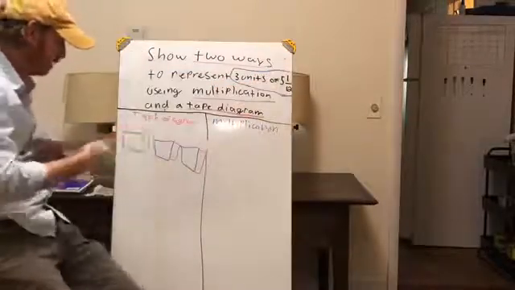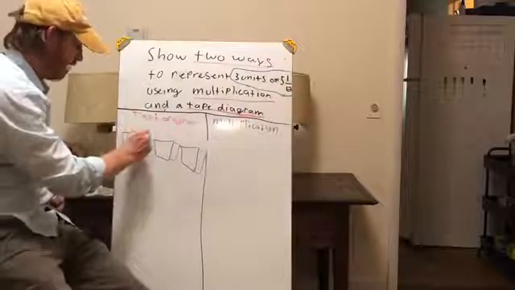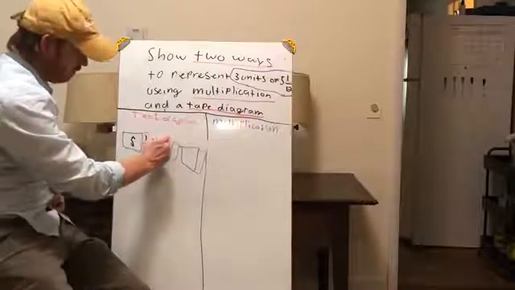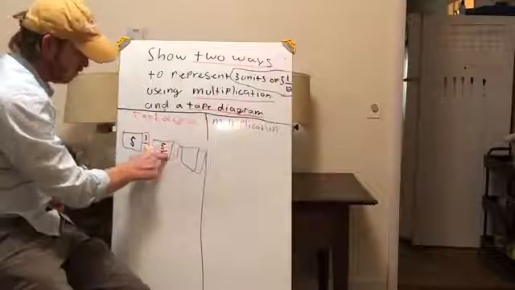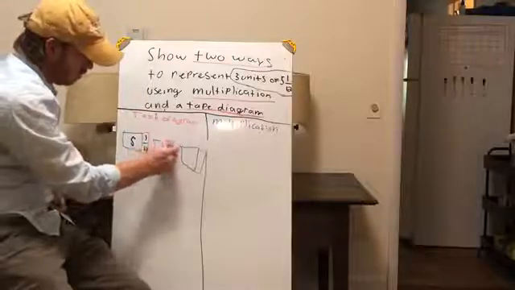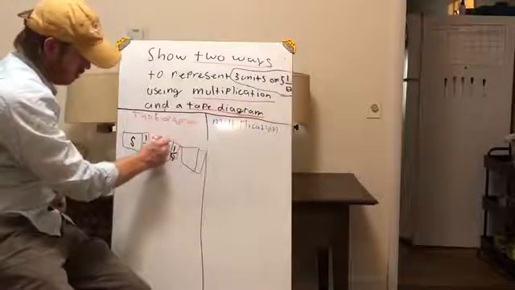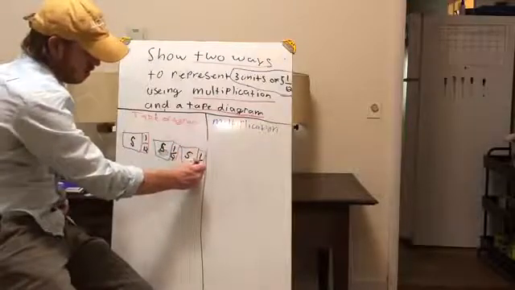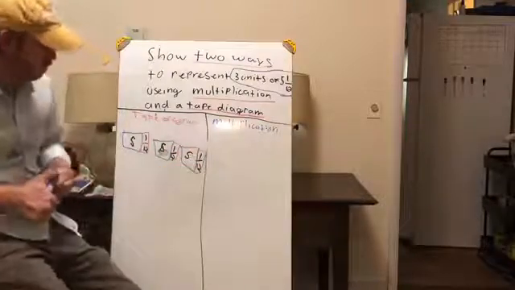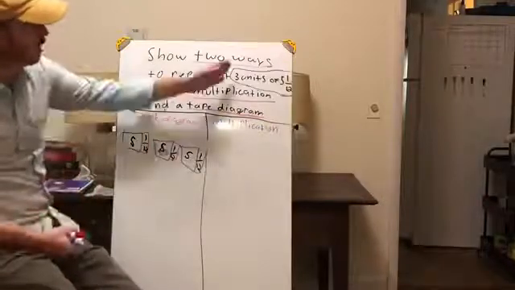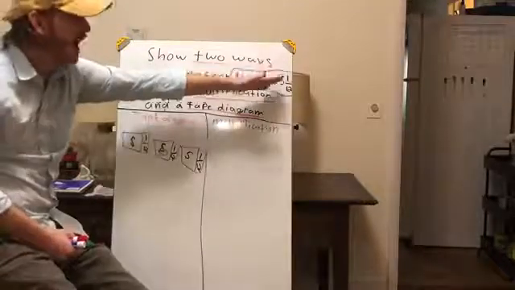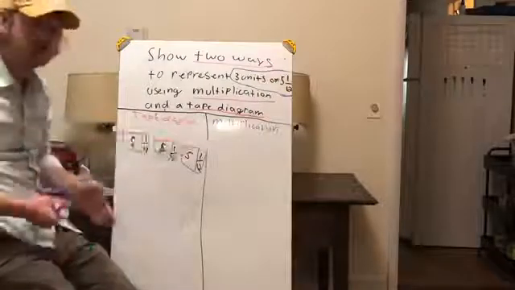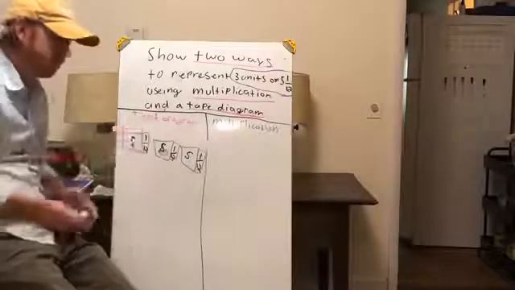So here's 1 unit of 5 and 1/12. Here's another of 5 and 1/12. And here another of 5 and 1/12. That would be one way of representing 3 units of 5 and 1/12. 3 units, 1, 2, 3, and each one has 5 and 1/12.